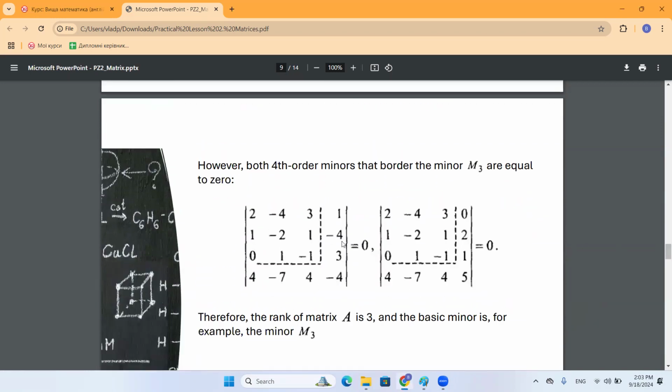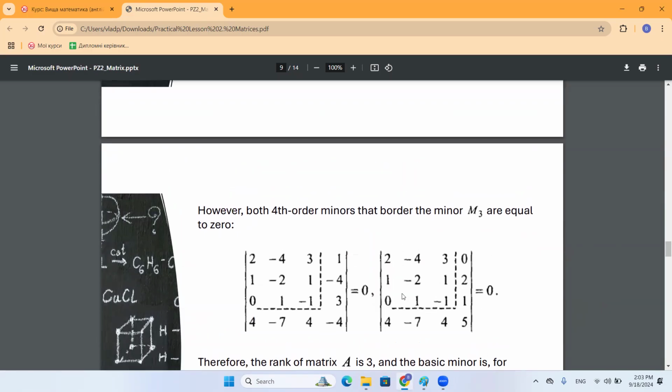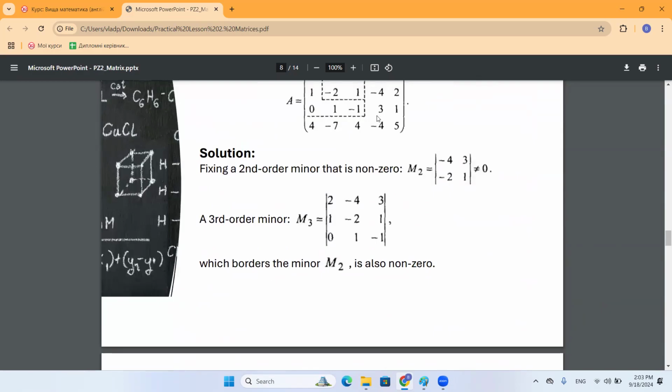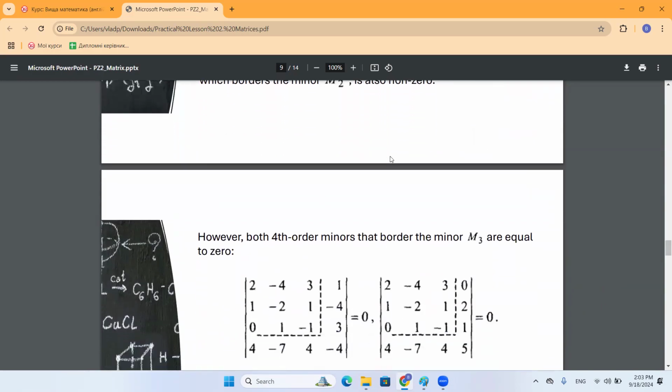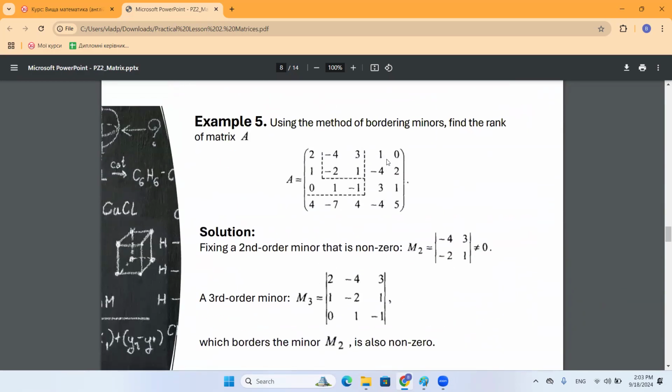So now we will just believe that this minor is equal to 0. So this one, actually. And we can use this minor as well.